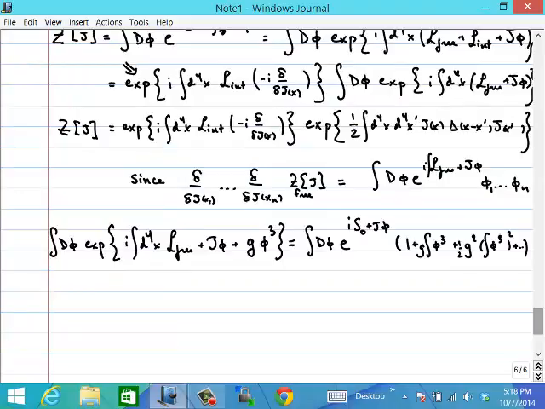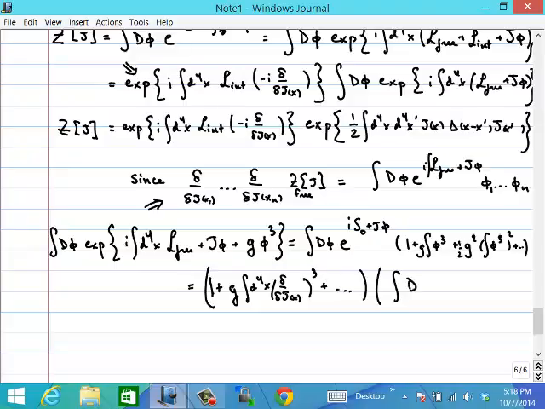And the point was that because of this expression here, we could write this as 1 plus g times the integral d4x of d by dj of x cubed plus dot dot dot, acting on the integral d phi of e to the I S naught plus j phi.